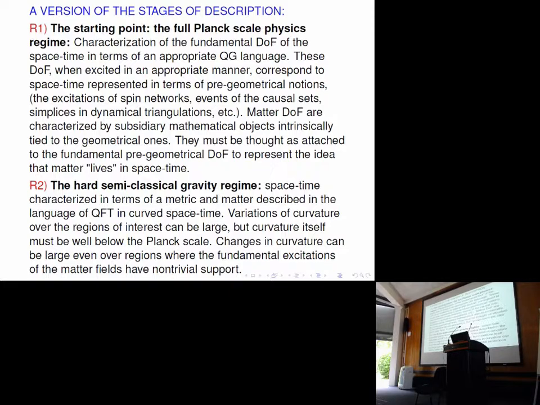In other words, we may have to assign to the spin networks, either to the vertices or the links themselves, some other quantum numbers that characterize the fact that there are fields living on this space-time.